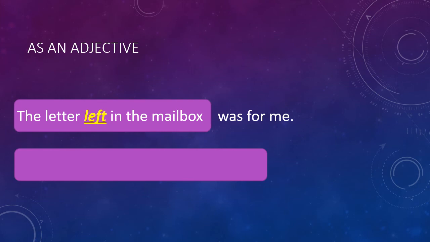And this one is the subject of the sentence: the letter left in the mailbox. So left here is an adjective modifying the letter. Which letter? The letter which is left in the mailbox. So left in the mailbox is the adjective of the letter to show which letter the speaker means.